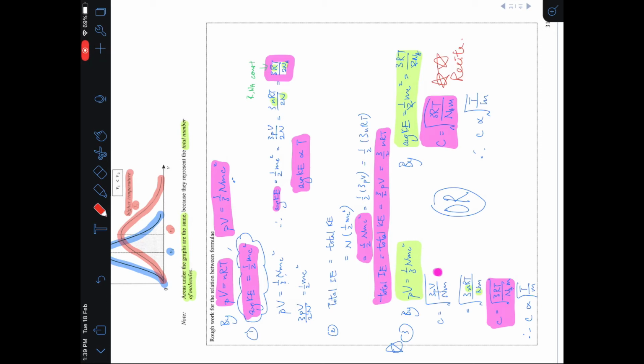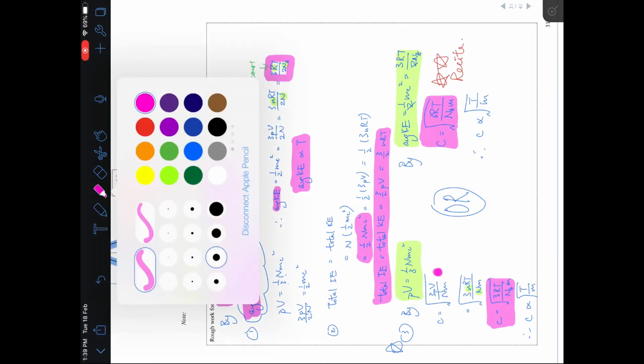But if you don't recite, you can't be quick enough to cope with the speed of DSE. That is why I guess you have to know how to derive it at the same time and quickly derive it, right? And lastly, we will quickly talk about the derivation of this PV equals 1/3 NMC squared.